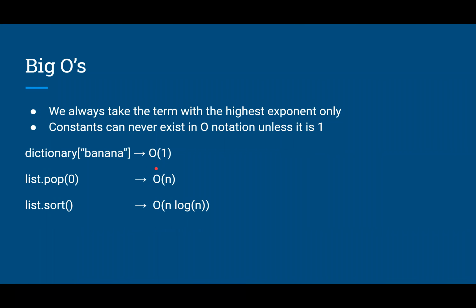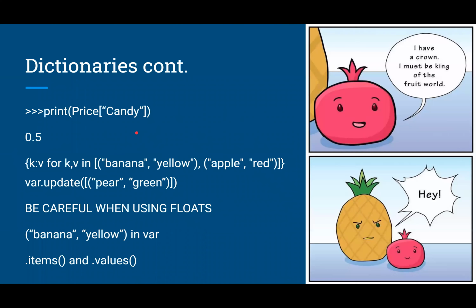And we could achieve O of 1 by finding the value of a dictionary key. So recall that dictionaries use a technique called hashing. And so we have O of 1 complexity in a dictionary.